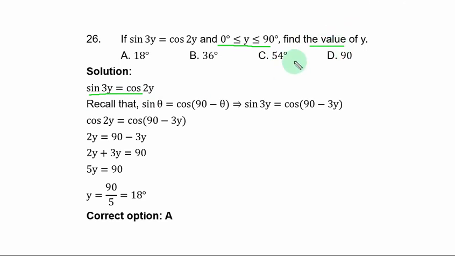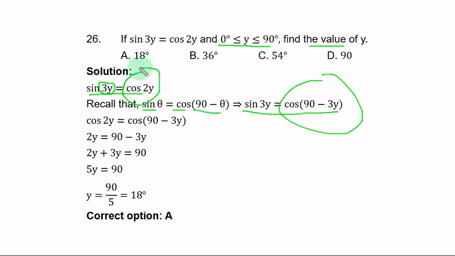From complementary angles and identity, you have it that sin theta is equal to cos(90 minus theta). Now let's come here. We replace theta with 3y. You have this expression. Now you have this to be cosine.